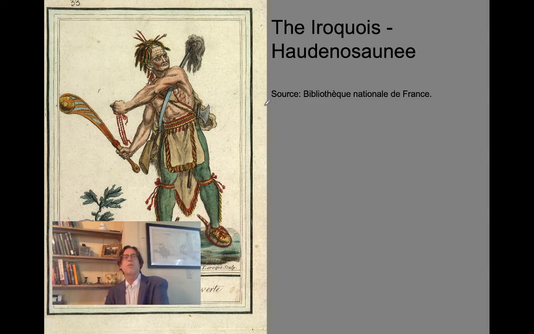The Haudenosaunee were a confederacy of six separate peoples who bound together, formed a confederacy, a military confederacy in many ways, but more importantly, a diplomatic confederacy, who were very influential and perhaps dominant in all of central North America.